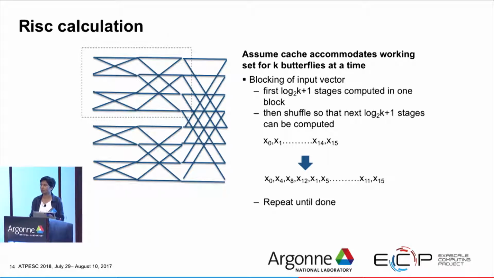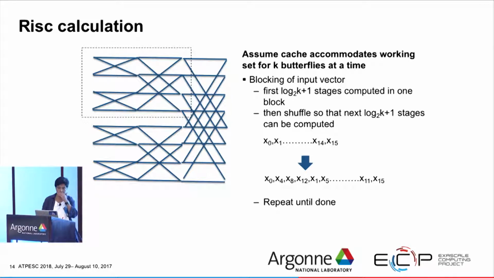So the change was that instead of working with a long data vector, now we are working with blocking of data, and that was the change that made the algorithm go from being good for a vector processor to a RISC machine.